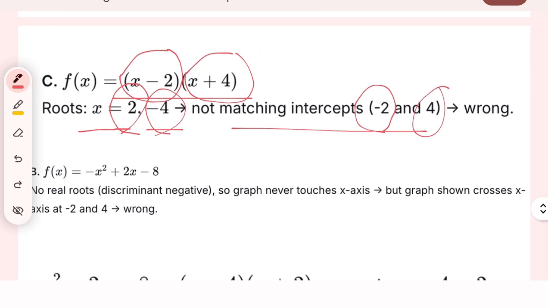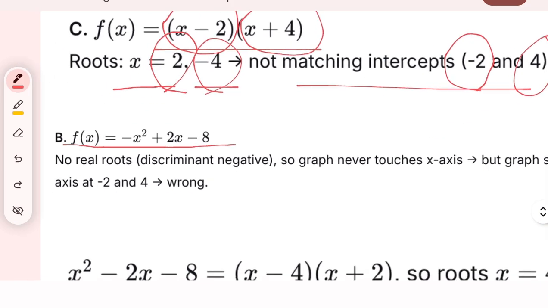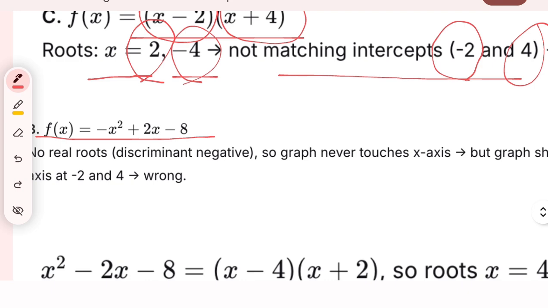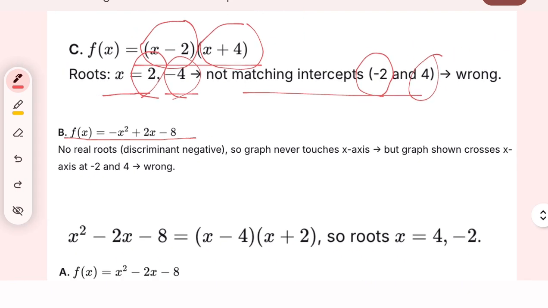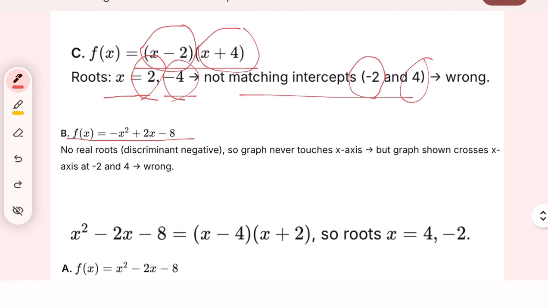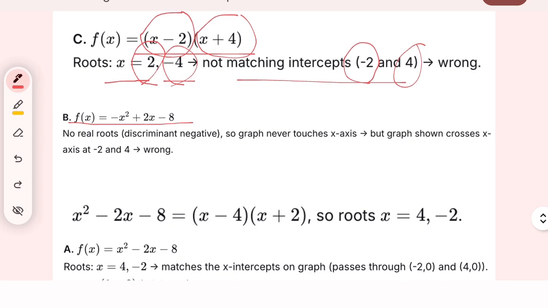Let's go to letter B. Let's see if letter B would now satisfy. Would letter B be the answer now? Letter B has this option: f(x) is equal to minus x squared plus 2x minus 8. Here we can also solve the roots. From the given x squared minus 2x plus 8, you can rewrite it like this because you can, of course, factor it.